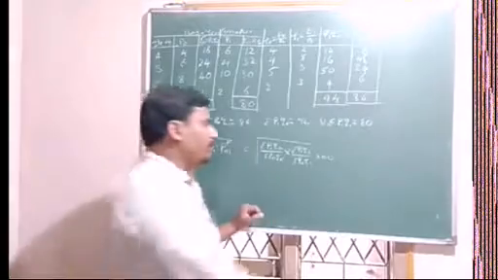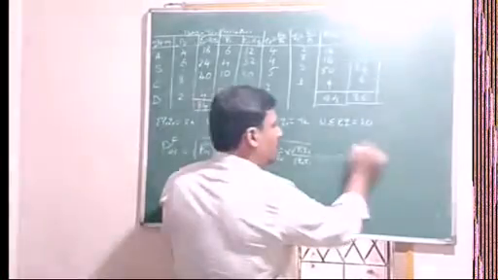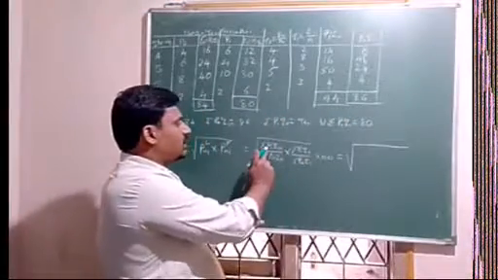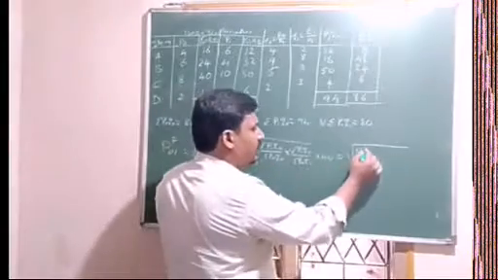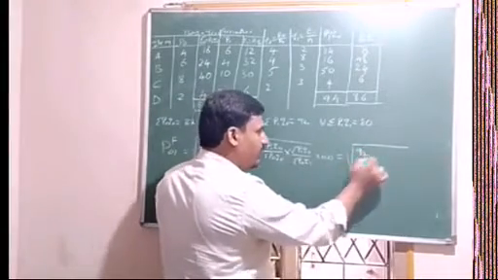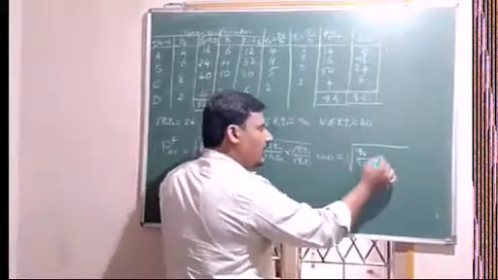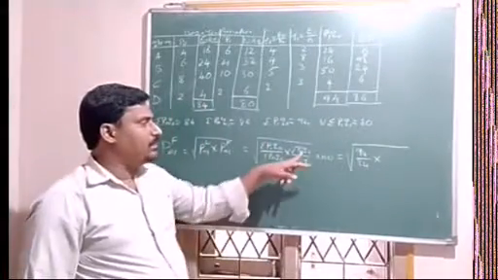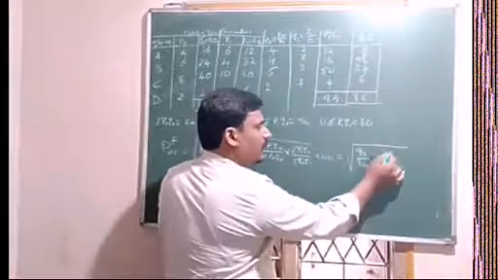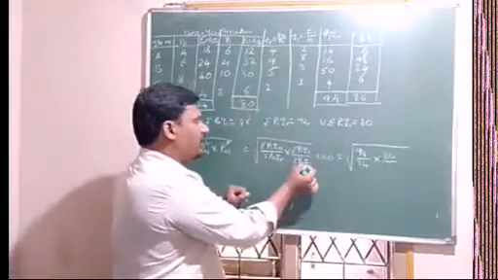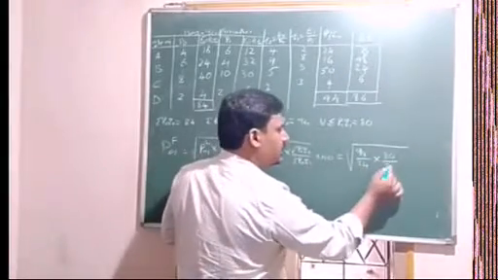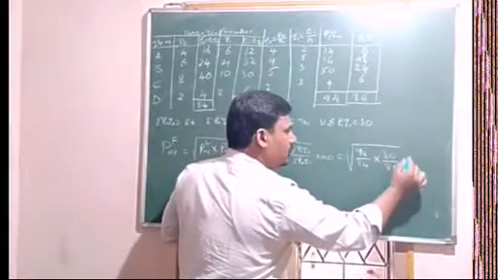So now here, root of summation P1 Q0 94 divided by summation P0 Q0 84 into summation P1 Q1 80 divided by summation P0 Q1 86, outside the root into 100.